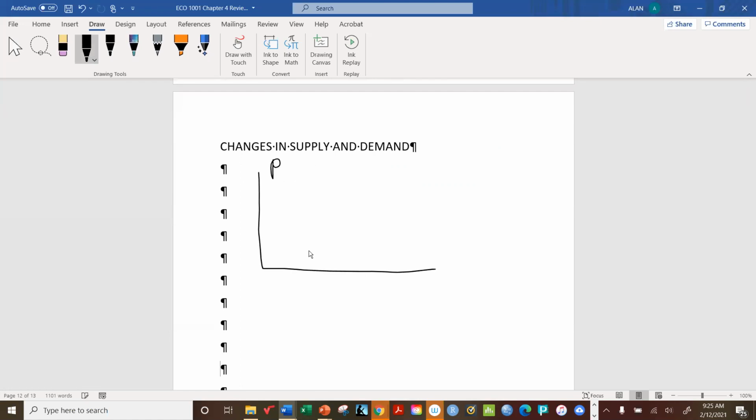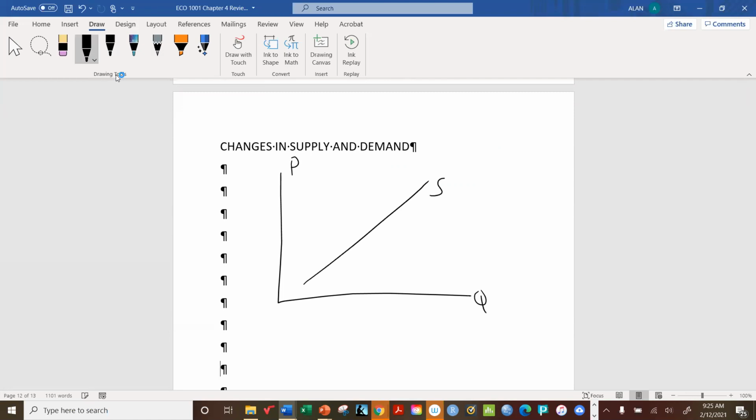So for example, we'll start with demand. We say that initially we're in equilibrium. And what I'm proposing to do here is change the demand curve. So let's call this point 1 so we can keep track of the changes. P1, Q1, equilibrium point 1. Now, let's say the demand curve shifts to the right.